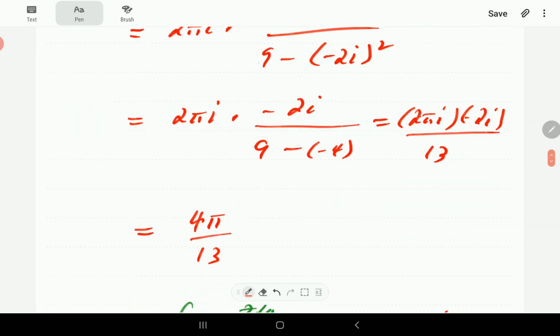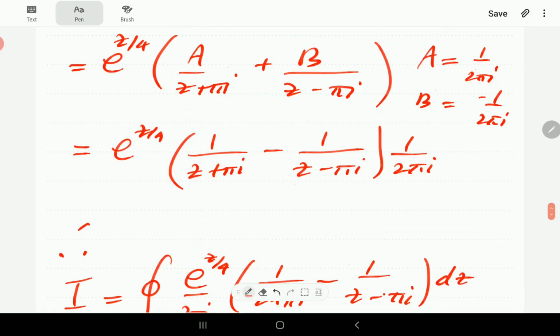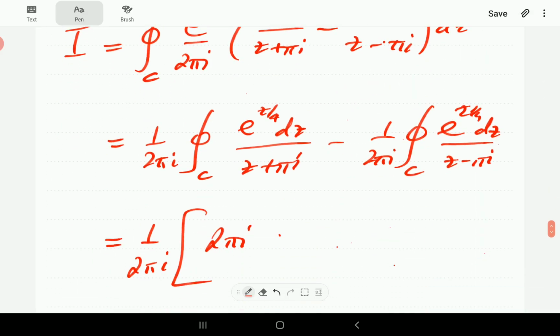Then f of z naught, we said for the first integral, z naught is negative pi I. So it's going to be e to the negative pi I over 4. If we substitute, then minus, this one is going to be e to the pi I over 4 times 2 pi I again.